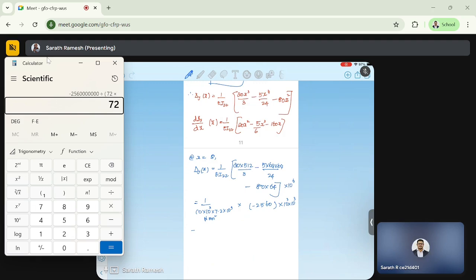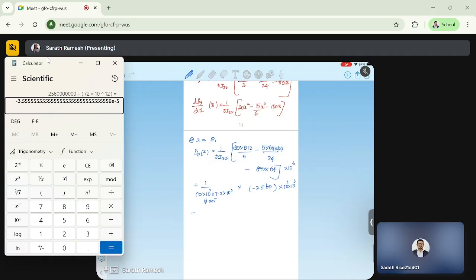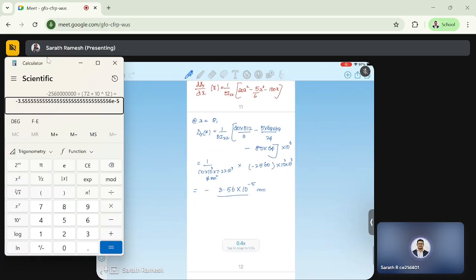That is 72 into 10 power 12. I'm getting a very, very small value: minus 3.56 into 10 power minus 5 mm. Fine, this is the value I'm getting.